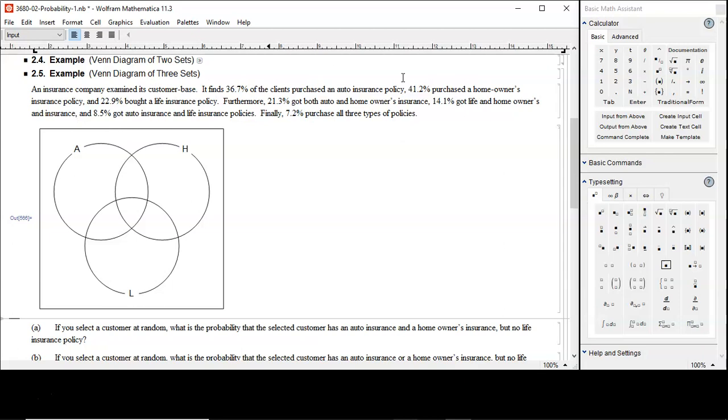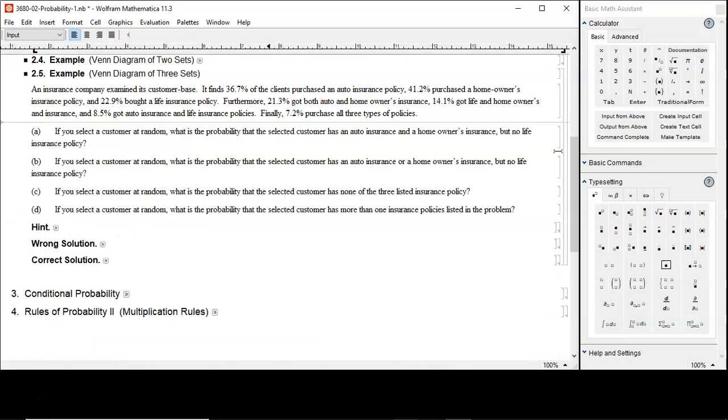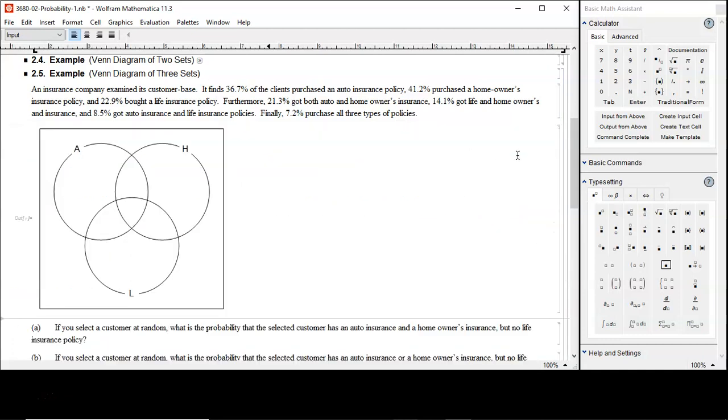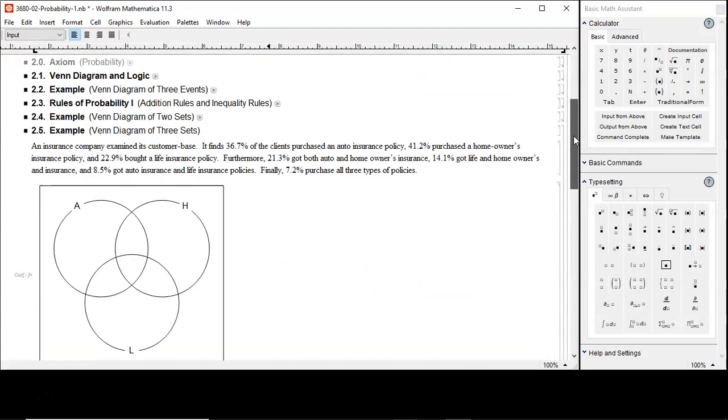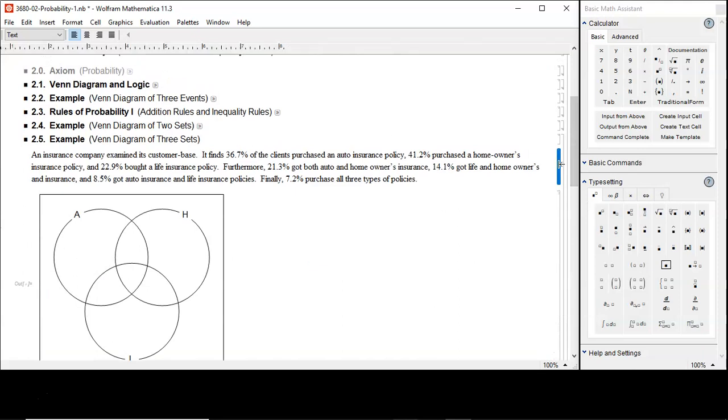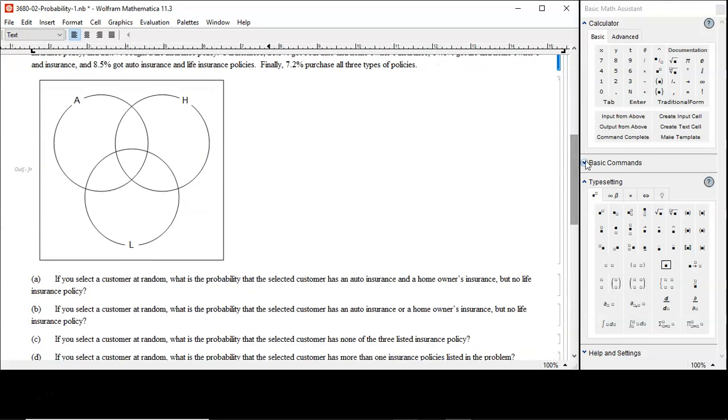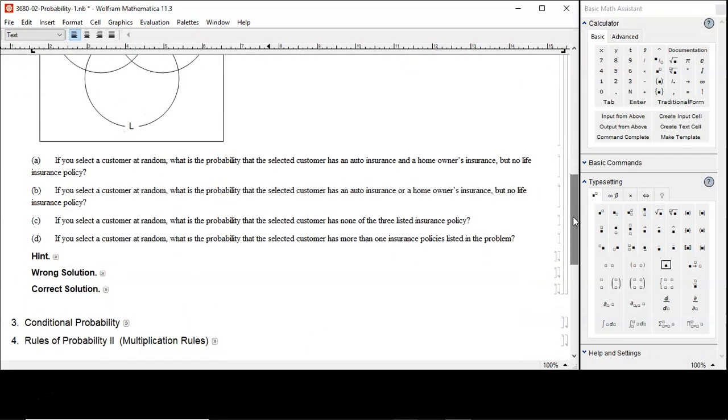Okay, we have all these numbers, and then we have this Venn diagram for 3 circles. So we can put those numbers appropriately and then answer questions based upon these. Well, let's see. I should have kept it here. And then one way to answer that may be like this. Copy and paste the problem set here.